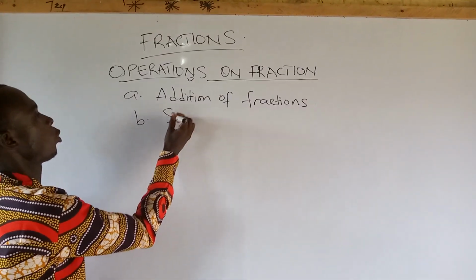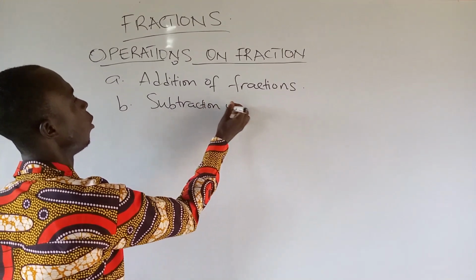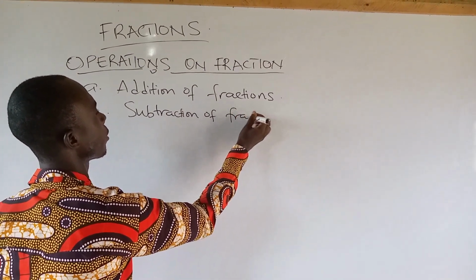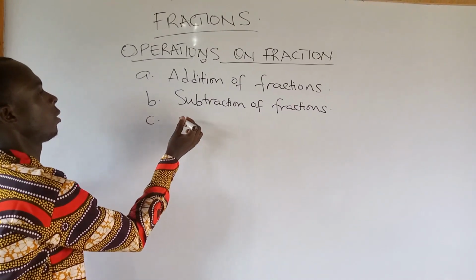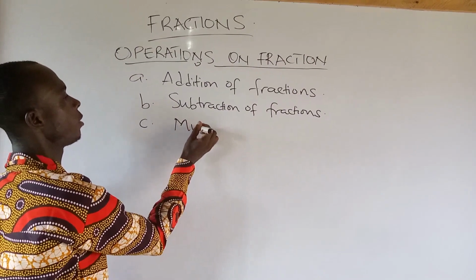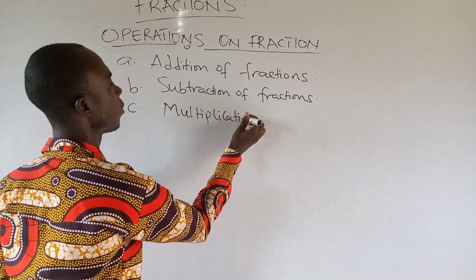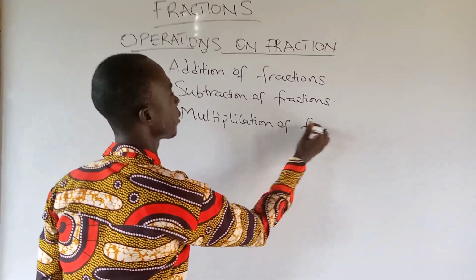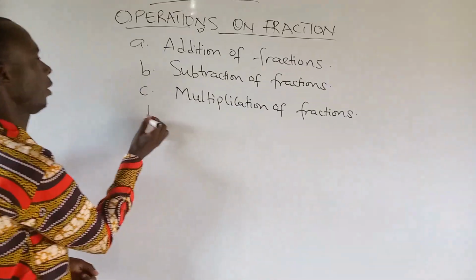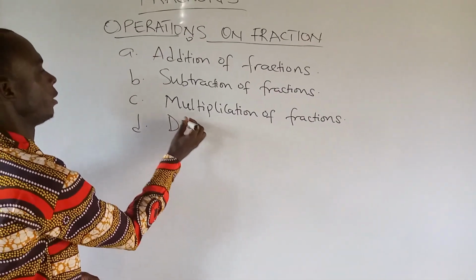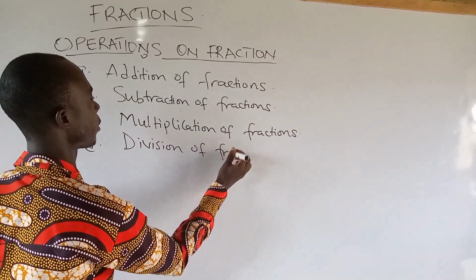B, subtraction of fractions. C, multiplication of fractions. And the last operation is division of fractions.